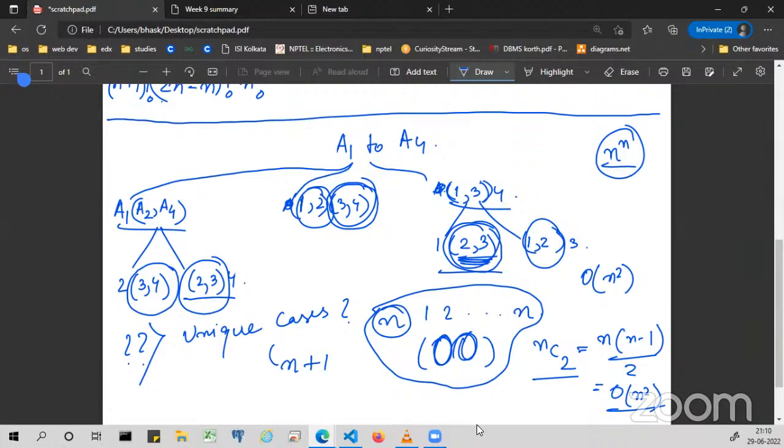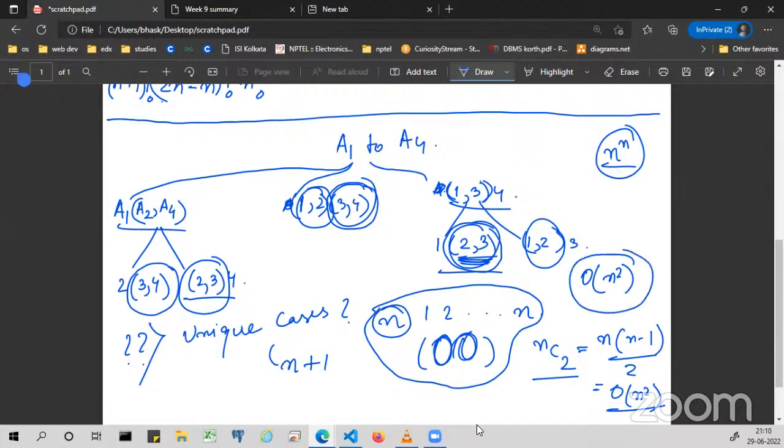Now, what is the time taken to calculate one particular unique case? What do I mean by one particular unique case? You are simply multiplying 2 matrices, right? So you would see that the total number of unique cases is in order of n square.